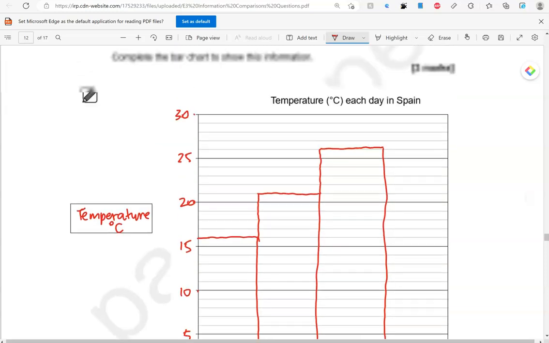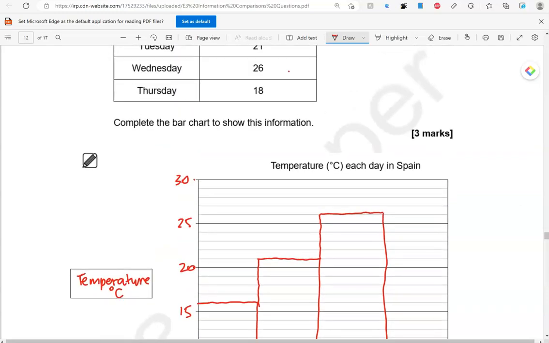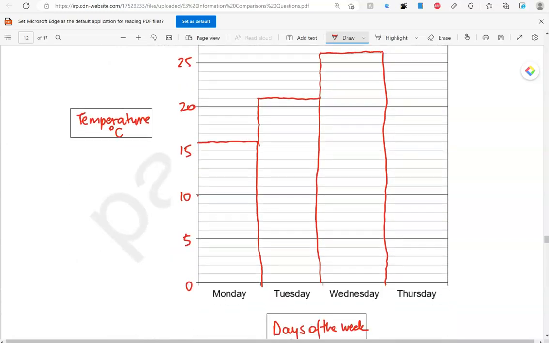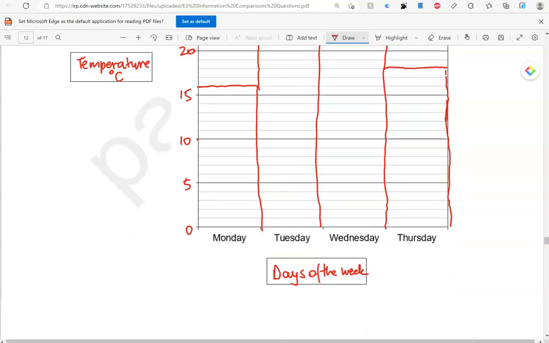And Thursday up to 18. So there is 20, 2 less, 2 fewer. And we've done it.